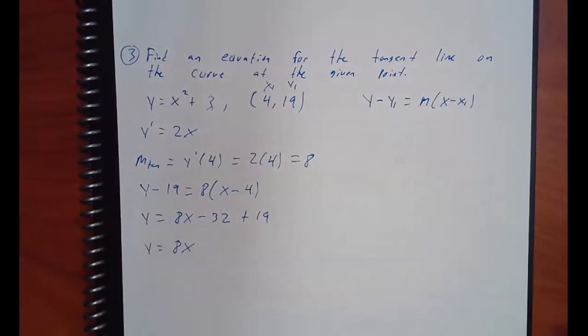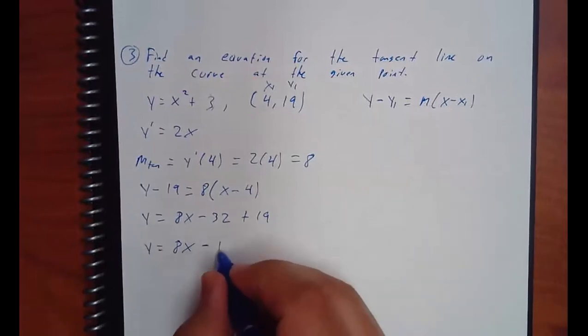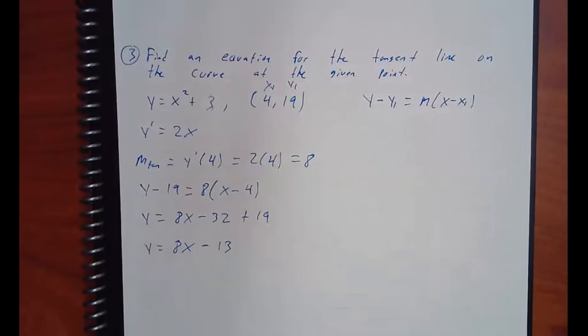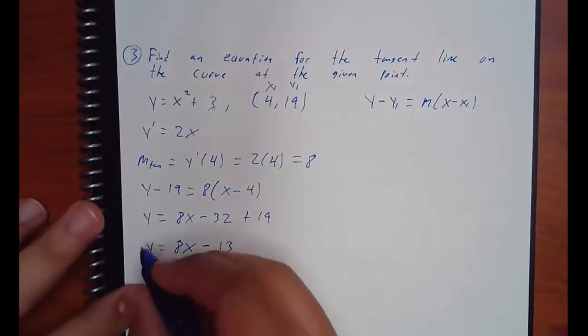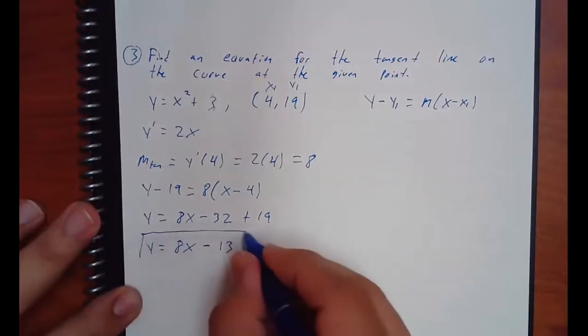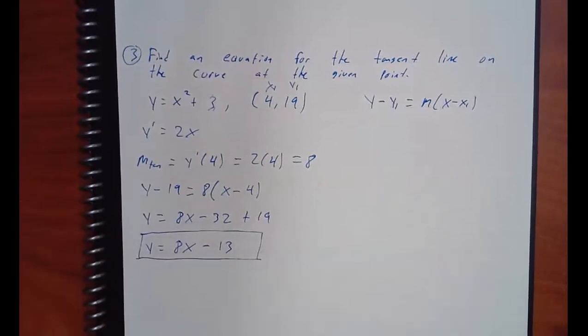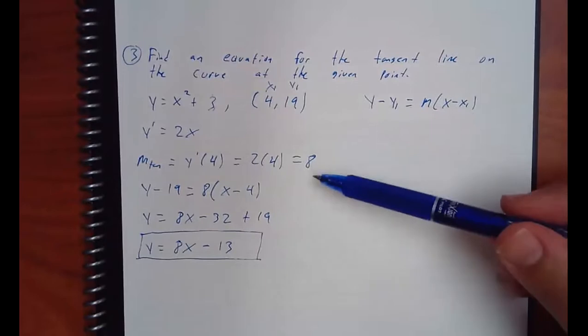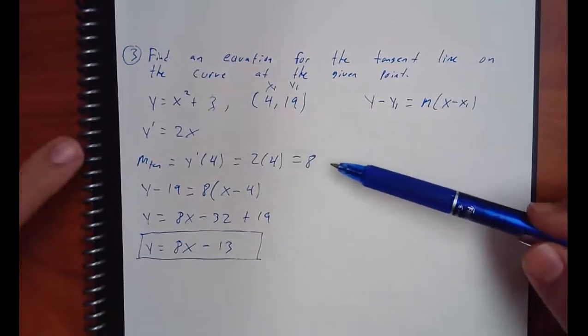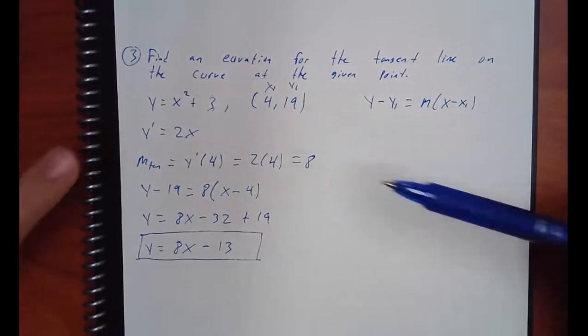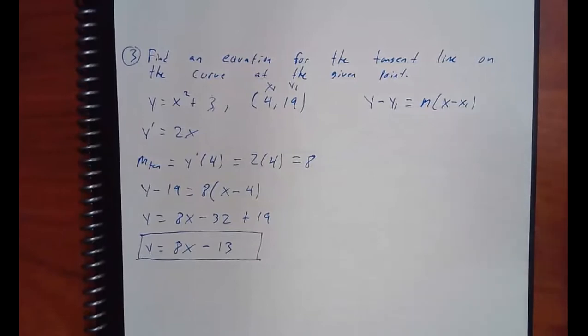Negative 32 plus 19 is negative 13. So this is the equation of the tangent line. Number 3. Number 2, all they asked for was a slope, so you would just do this step right here. Any questions on number 3?